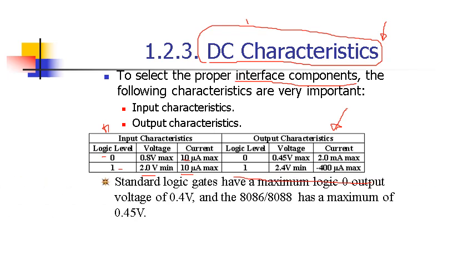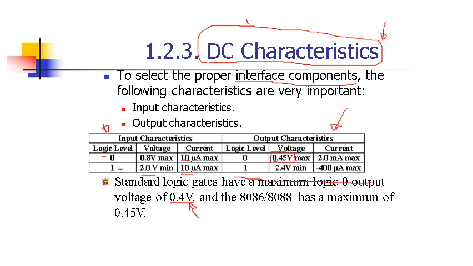For example, the standard logic gates sense a 0 up to 0.4 volt, while your processor can go to 0.45 volt.